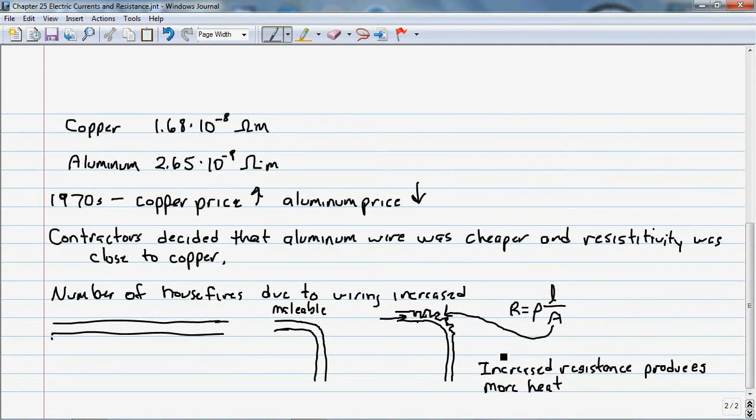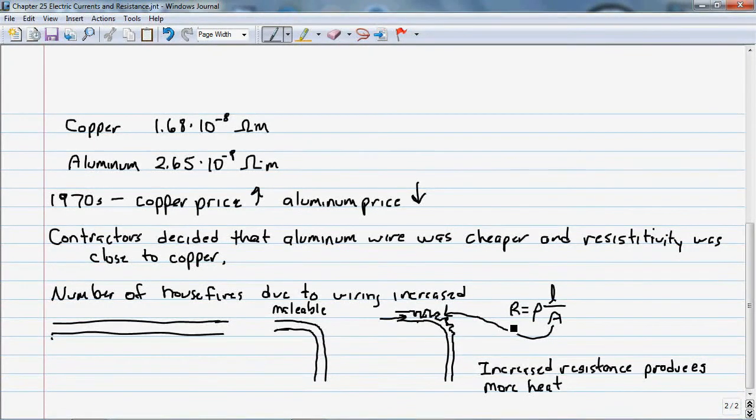So you've basically just put a toaster oven behind your wall. And if you have wood studs, you've just put a toaster oven right next to the wood in your house. And so that's why the number of house fires started to increase because of aluminum wiring.